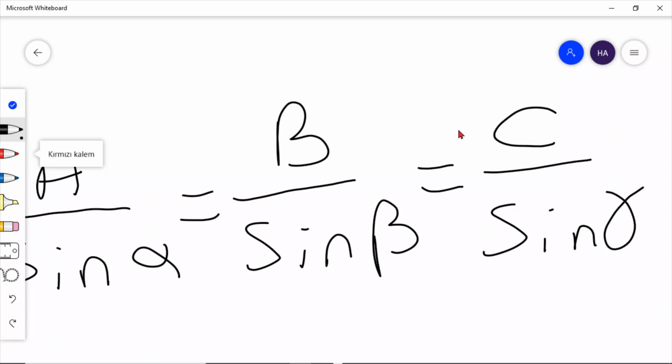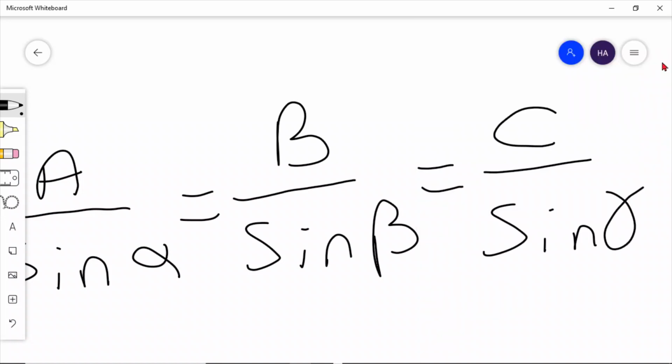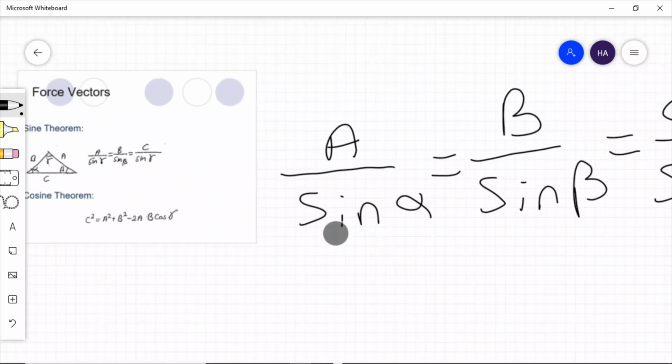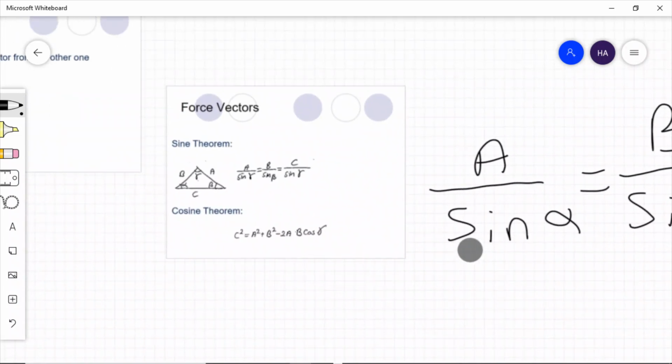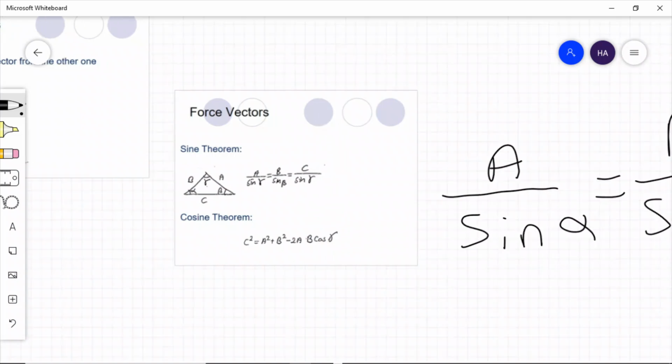So this is the expression that I have. This is the sine theorem. A divided by sine alpha is equal to B divided by sine beta and C divided by sine gamma.